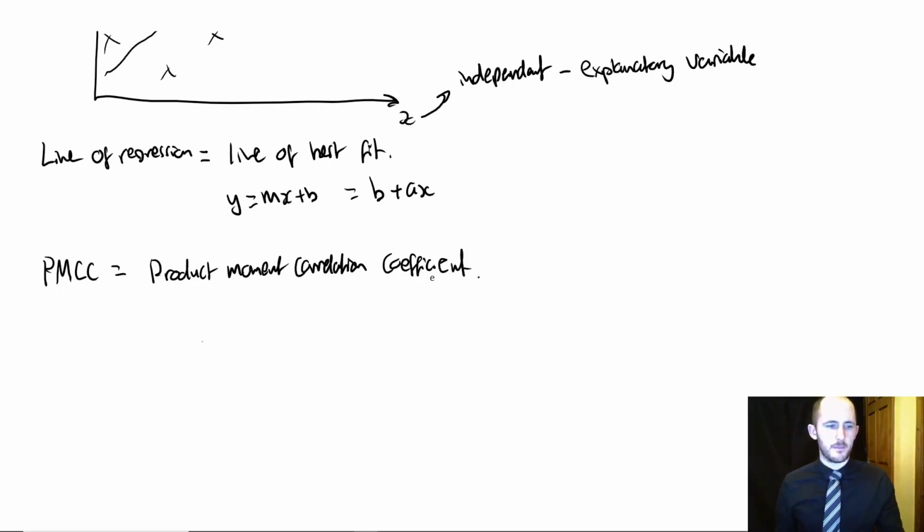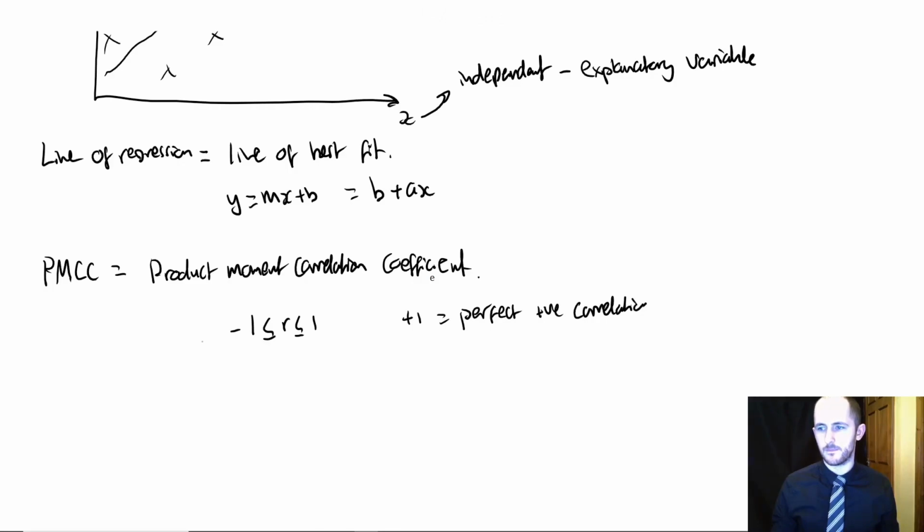Essentially it's just a number that goes from -1 all the way up to +1, where +1 is perfect positive correlation, and -1 is perfect negative correlation.